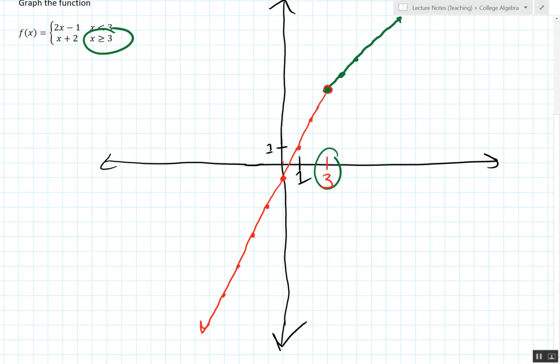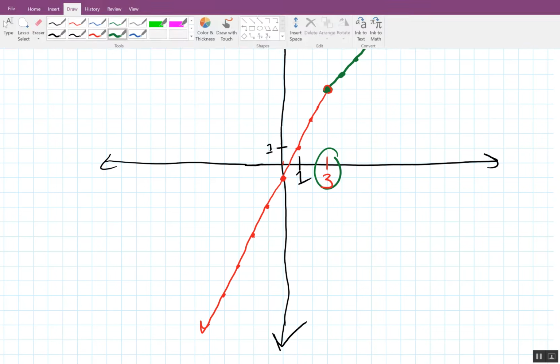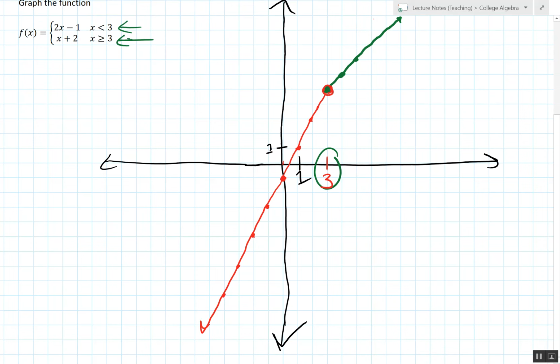So notice that this is what the graph looks like. For everything less than 3, we look like the first line right here. Everything greater than or equal to 3 looks like this. And notice that this is a continuous function because this green part here filled in the open red circle. That's what makes it continuous.